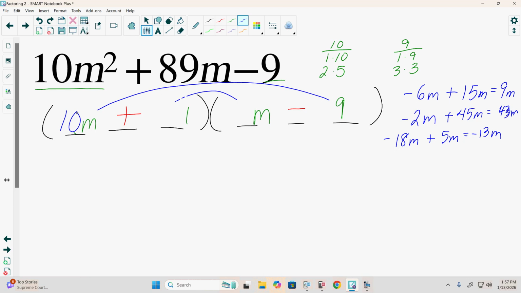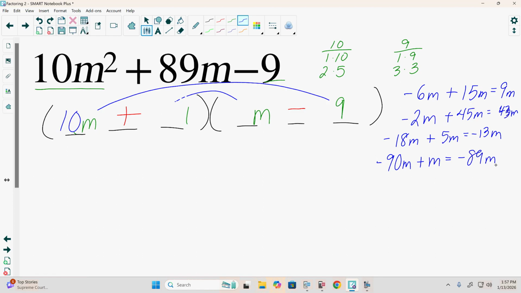So I'm going to put the 10 first. 10m times negative 9 would be negative 90m. 1 times m would be positive m. Negative 90m plus m, negative 90 plus 1, would give us negative 89.